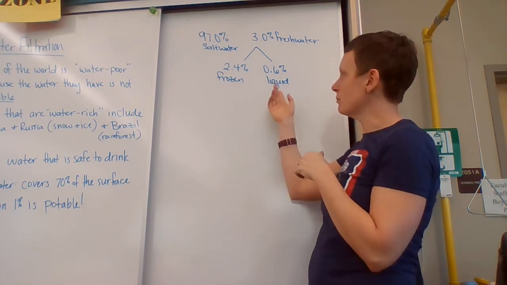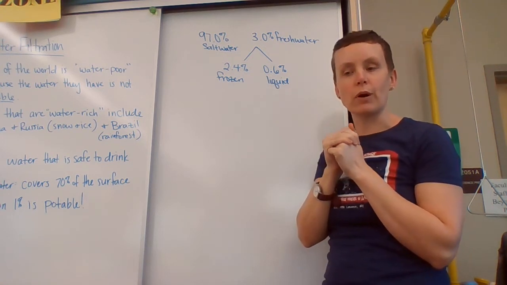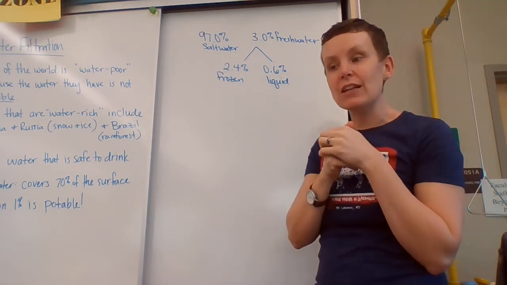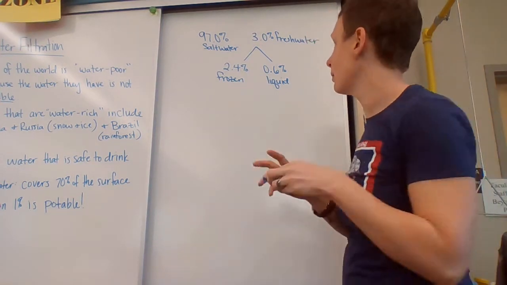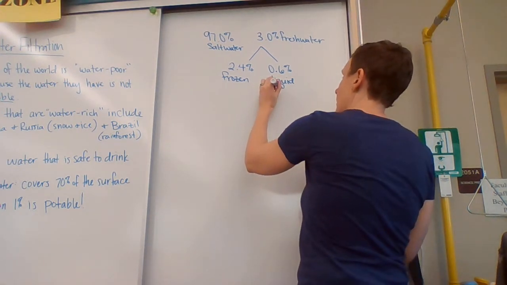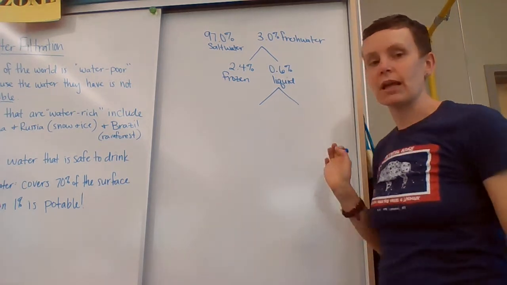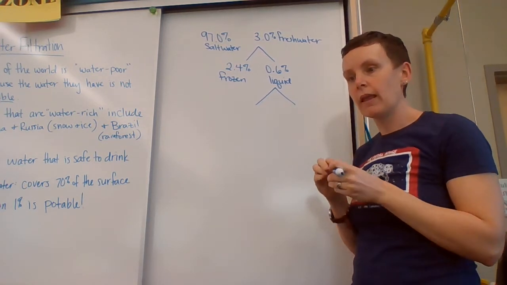Okay? And then, 20% of our fresh water is liquid. Okay? But then we have to split this even further. So I'm going to take my 0.6% and I'm going to split that. So these two numbers are going to add up to that 0.6%. Okay?